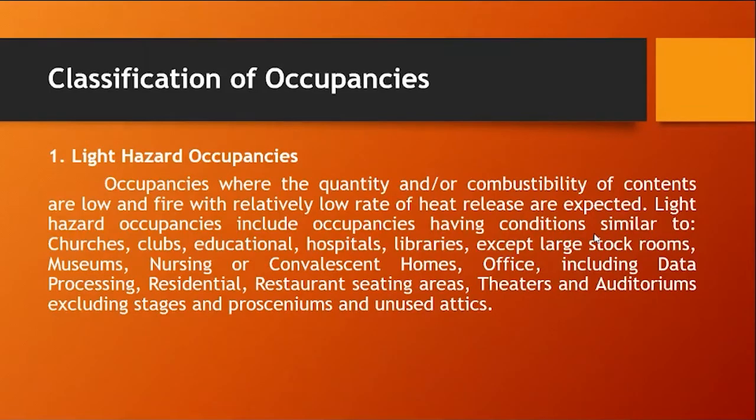So, classification of occupancies. Light hazard occupancies are occupancies where the quantity and or combustibility of contents are low and fire with relatively low rate of heat release is expected.